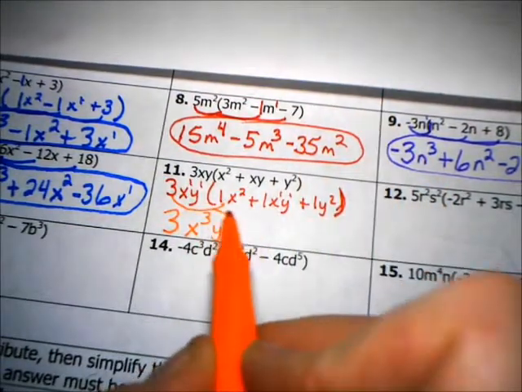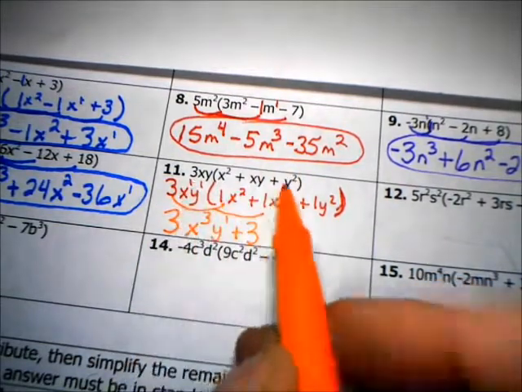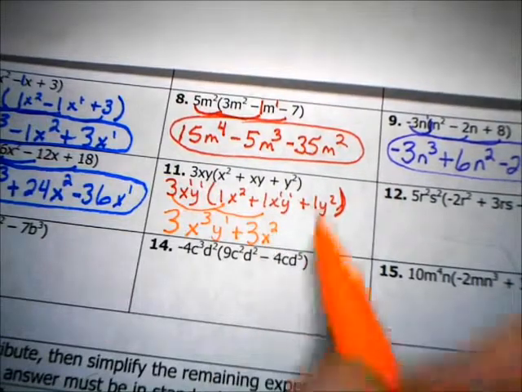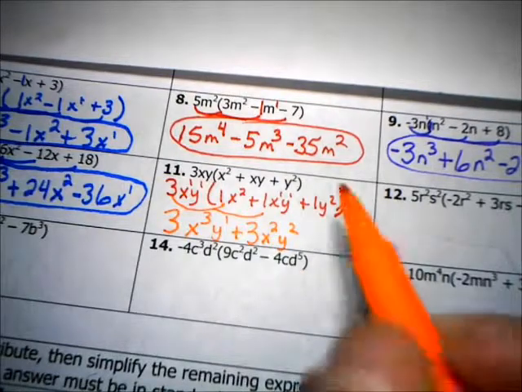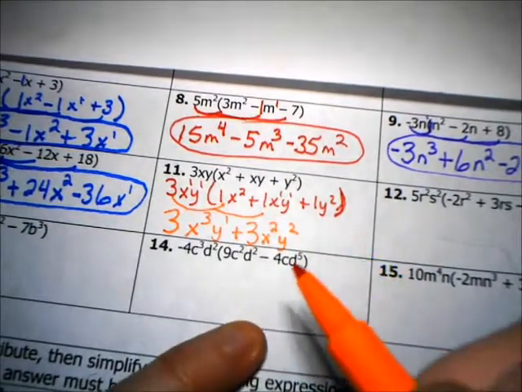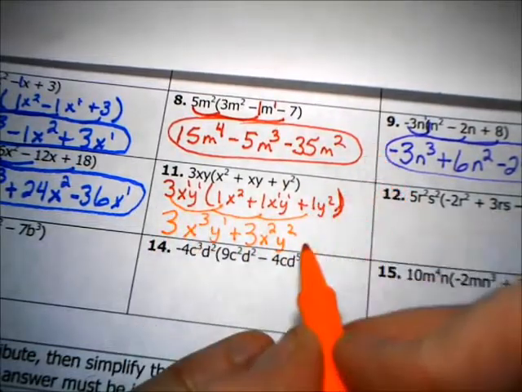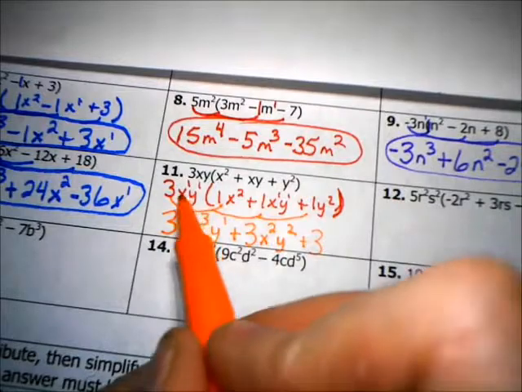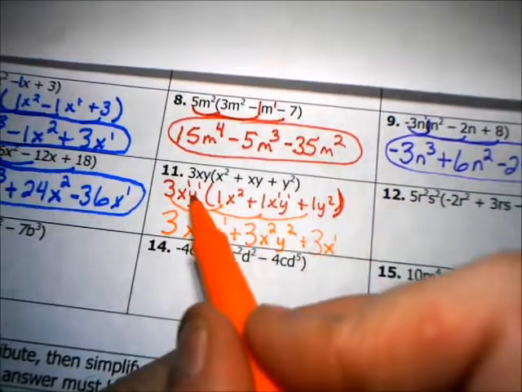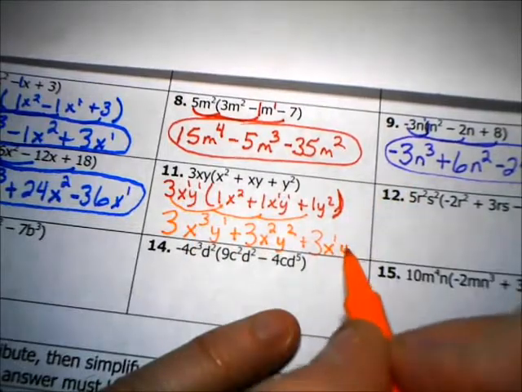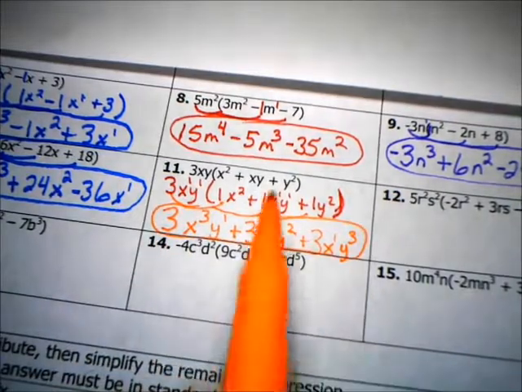If I go to the middle term, 3 times 1 is still 3. x¹ and x¹ is now x². y¹ and y¹ is now y². So I just combine them, same pattern as I did my x's. Now go to the last one. 1 times 3 is 3. There's not an x, but I have an x on the outside, so that's x¹. The y's, y¹ and y², add them up. I have 3 of them, and there is your answer for number 11.